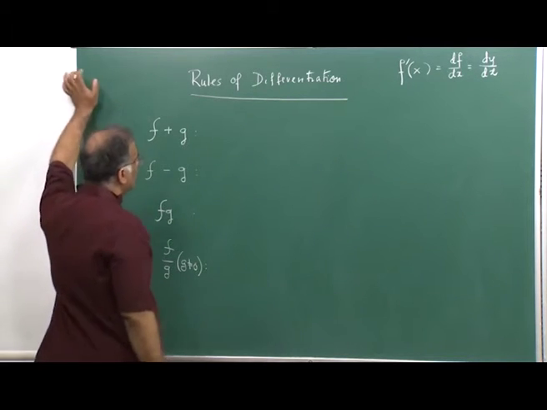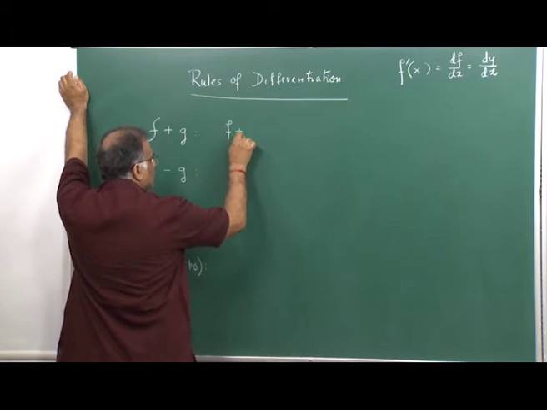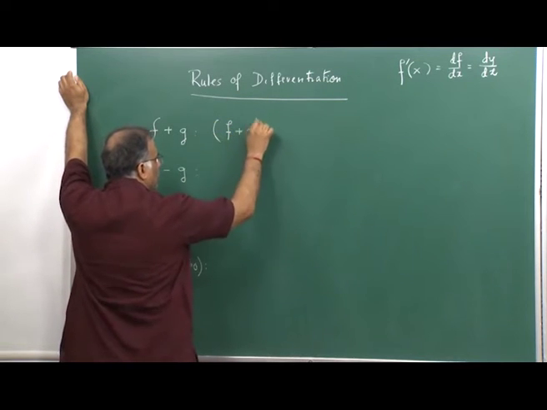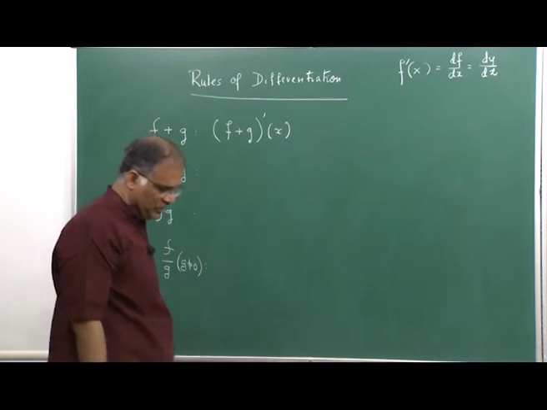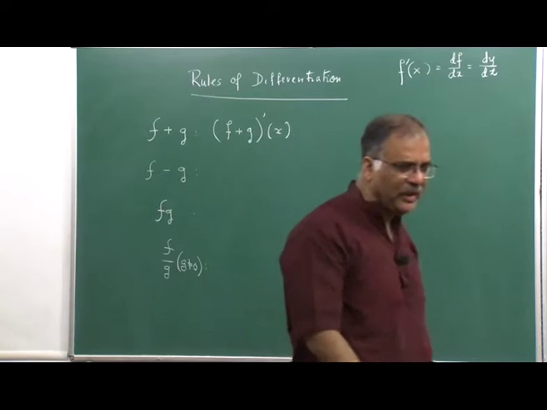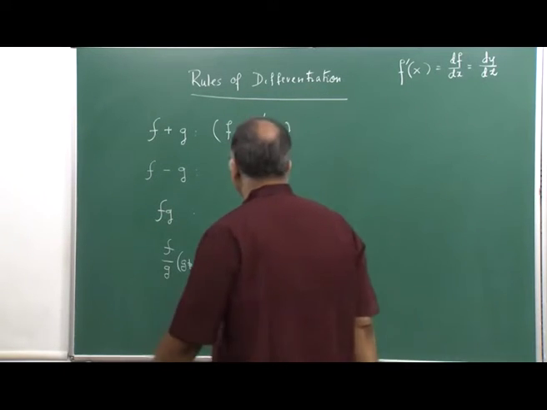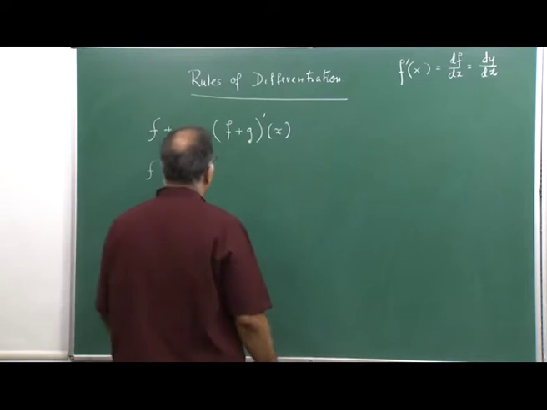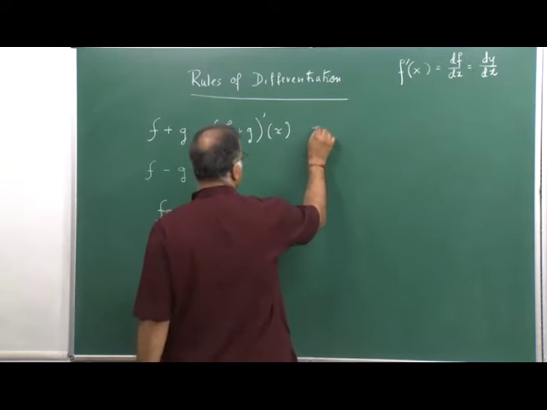Now, how do I compute the derivative of this function? Knowing the fact that the limit of f plus g is the limit of f plus the limit of g, if you write down the definition of the derivative of this and separate them out, you can easily prove that.